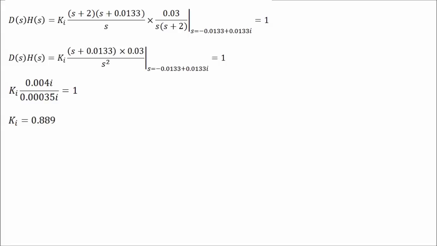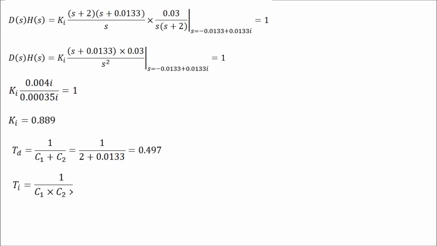And now we can calculate the values of Td and Ti. Td is equal to 1 over C1 plus C2, which gives us a value of 0.497. And Ti is equal to 1 over C1 multiplied by C2 and multiplied by Td, which gives us a value of 75.5.